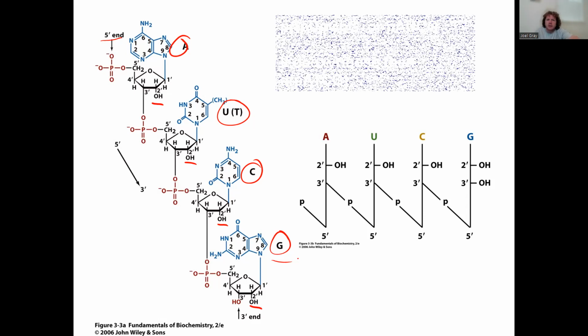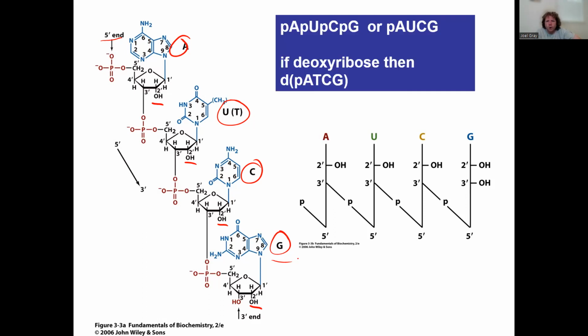Now, that can be depicted in a couple of different ways. One is a little bit redundant, and one is a little bit more concise. The redundant form would be this first one that's shown. pApUpCpG. Okay.